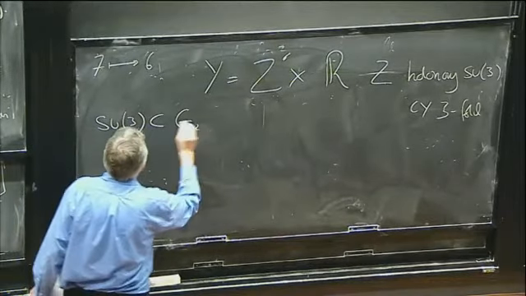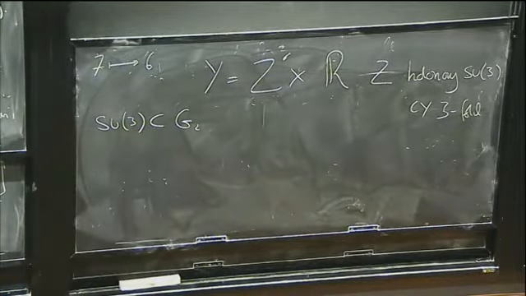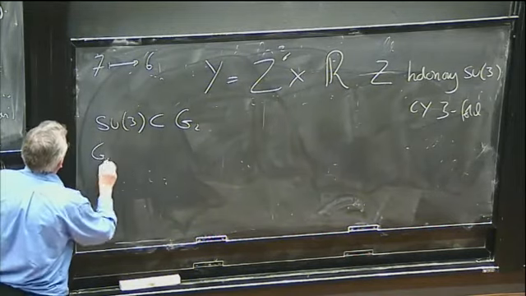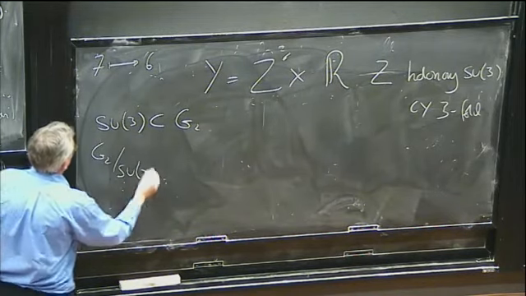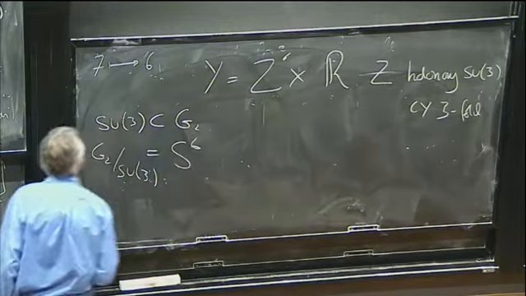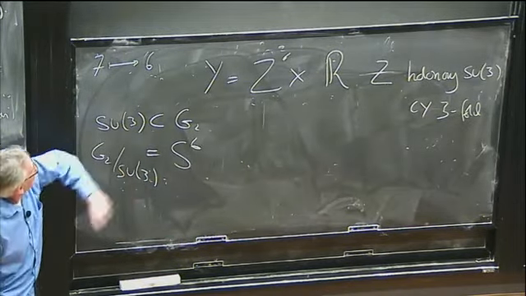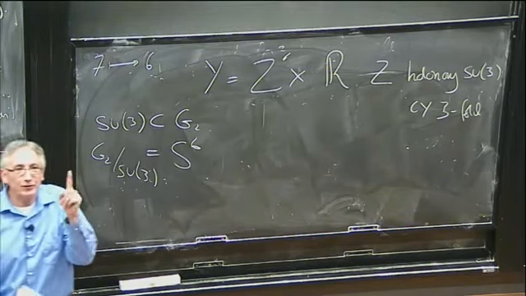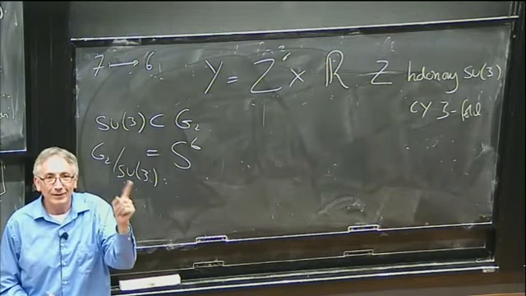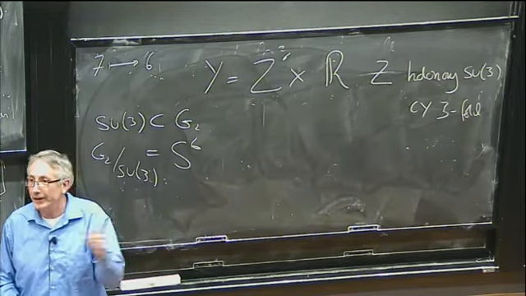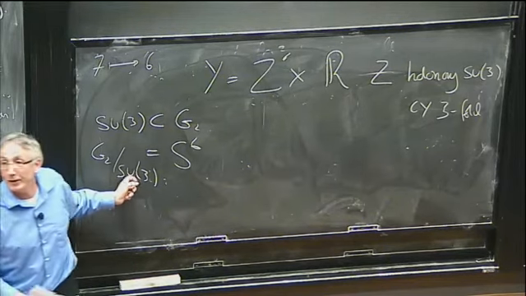In fact, as mentioned by Spiro, if you take the quotient G2 over SU3, it's actually the 6-sphere. So more or less that's what this is saying, that once you've fixed a direction in your tangent space of your G2 manifold, the remaining symmetry is just the SU3 acting on a complement.